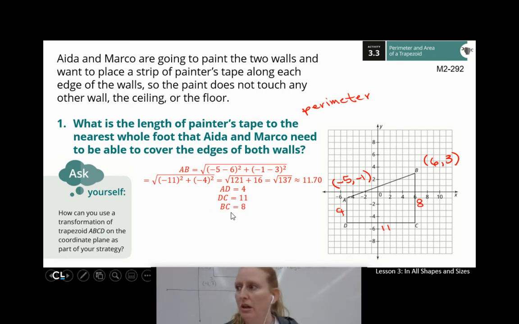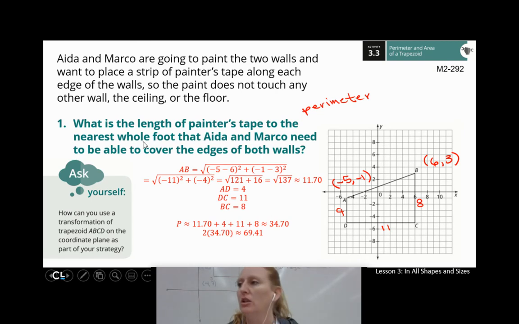And for perimeter, we're just going to add them together. I get 34.70. Now, two things. There are 2 walls. So make sure you double it. We've got to double that because there's 2 walls. So we actually need about 69.41-ish feet of tape.